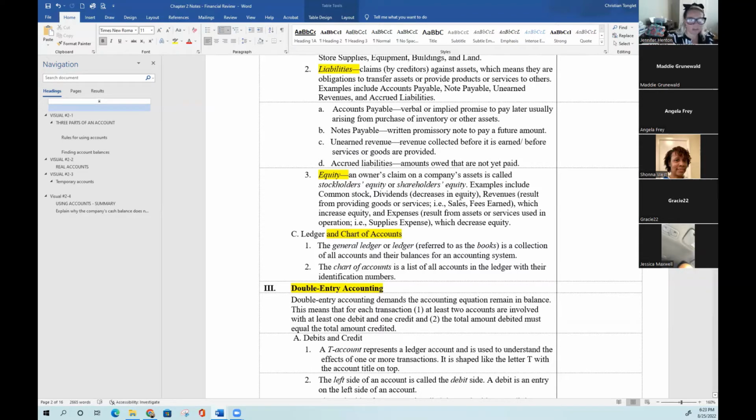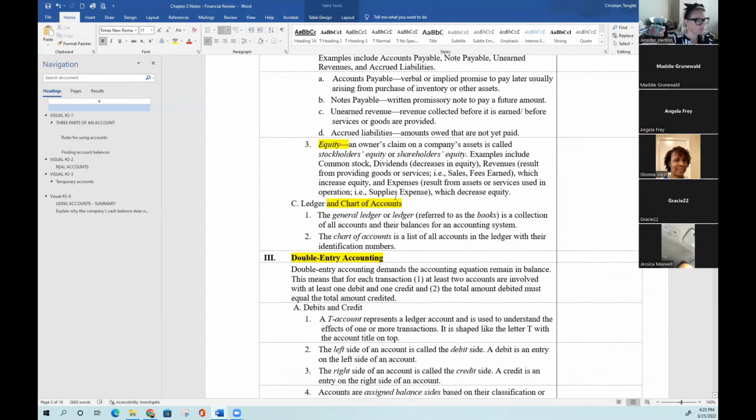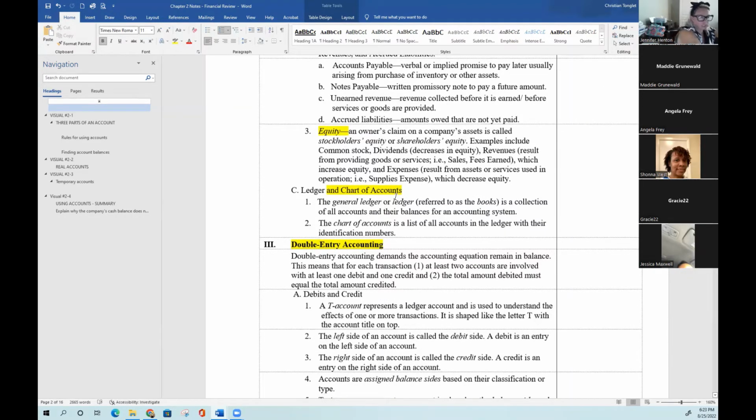So that can include common stock, dividends, revenues, goods, services, sales. So whenever our sales and expenses go in, that's always part of our equity. Remember that all of that goes into our retained earnings, and that's all of our equity.